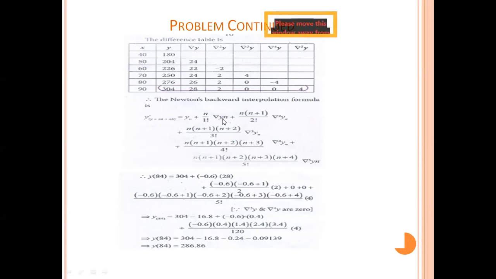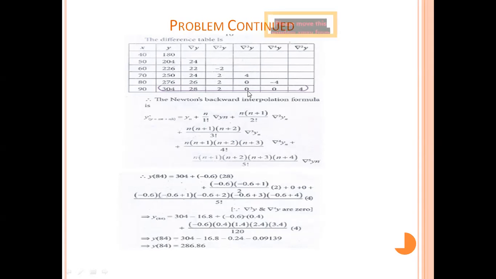Similarly, like the previous problem, we will consider only the last value of del y, which is 28. The next term is n into n plus 1 divided by 2 factorial into del square yn. So -0.6 into -0.6 plus 1 divided by 2, and the del square yn is 2 again.